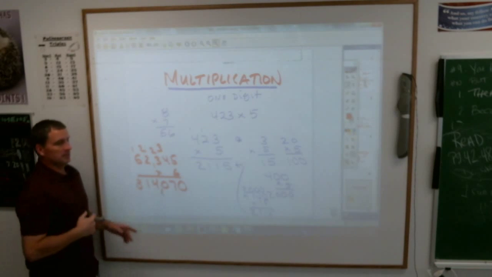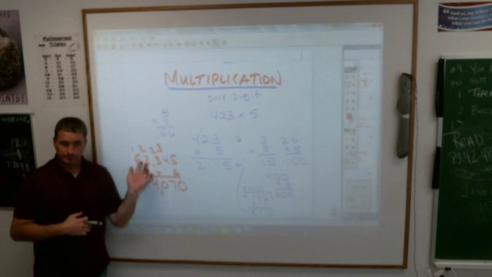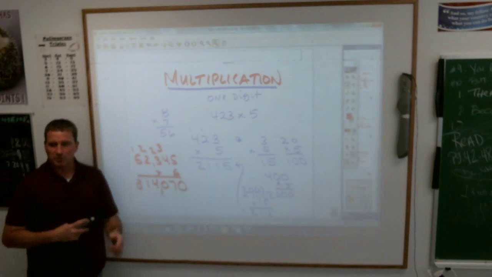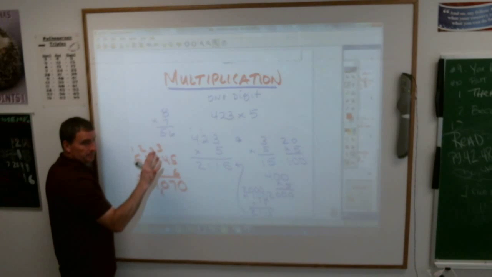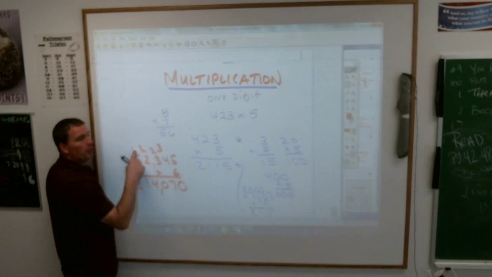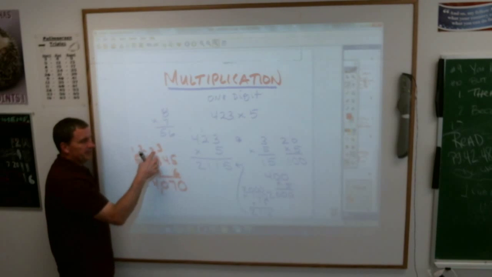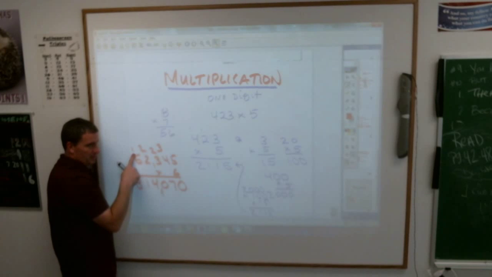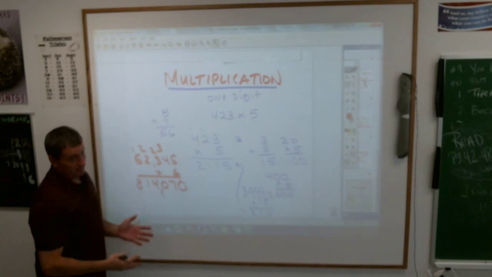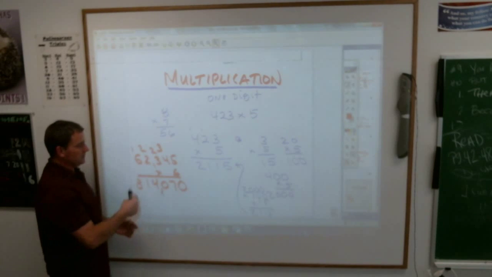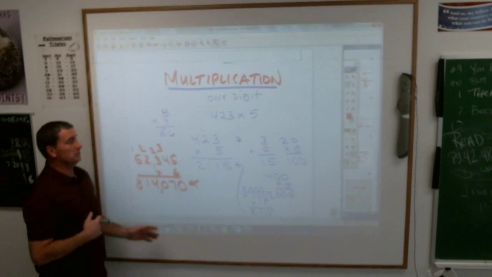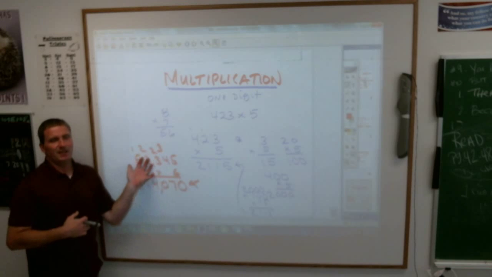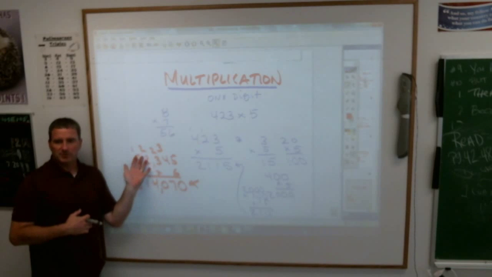Now, you look at this as just doing one problem, but in that one problem you did 5 multiplication problems and 4 addition problems, because in the end you had to add those things. So if you don't know your addition facts and your multiplication facts, it makes it really hard to get this problem right all the way through, because we really did 10 little problems in that big problem.